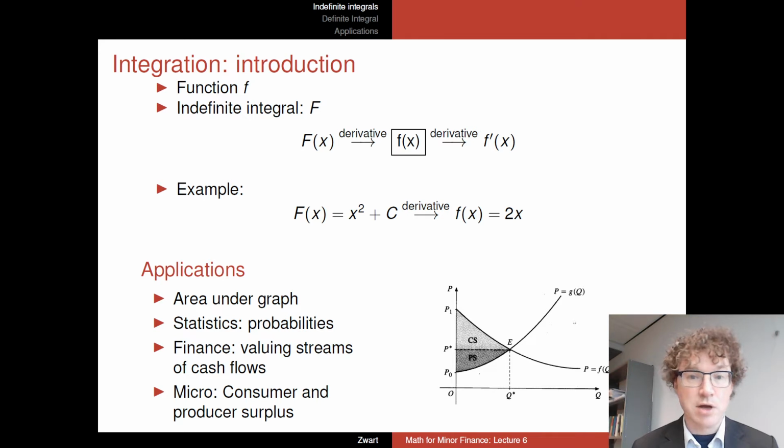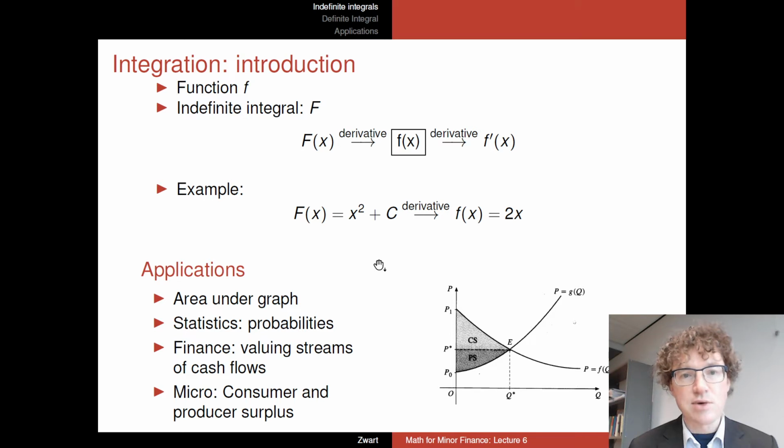So x squared plus 10, again, the derivative would also be 2x. So any constant that you add to this x squared, let's call this any constant c, just a constant number, will do as well. So we can add any constant to this function x squared and still have a function which, if we take the derivative, gives us back 2x.